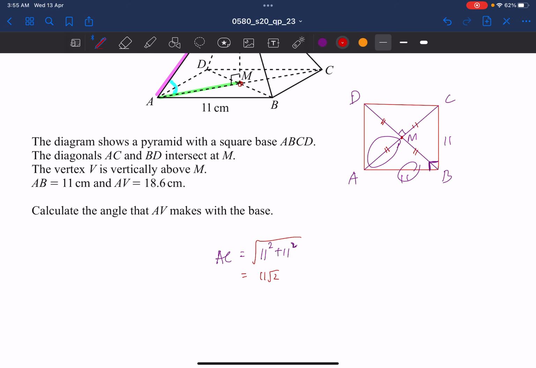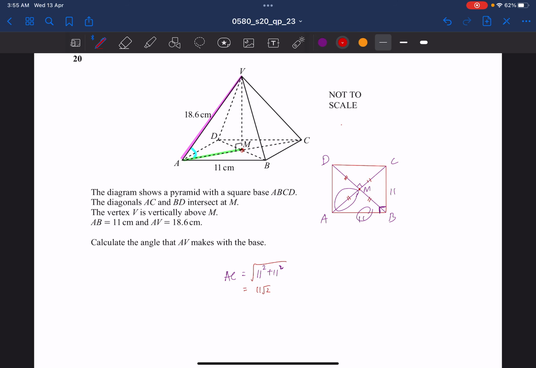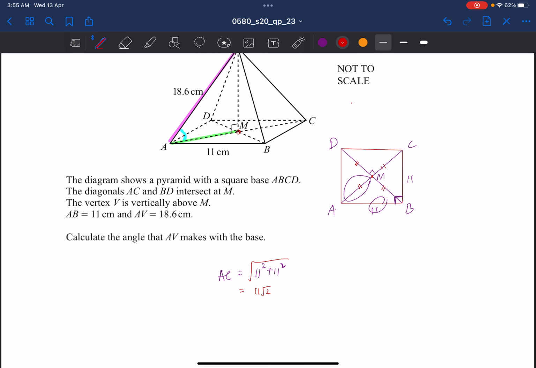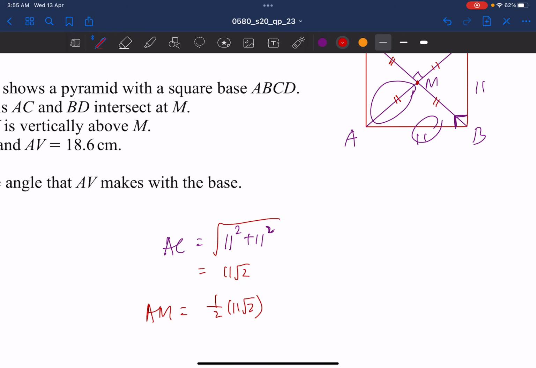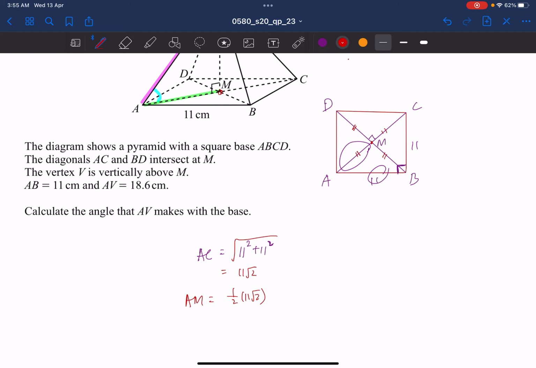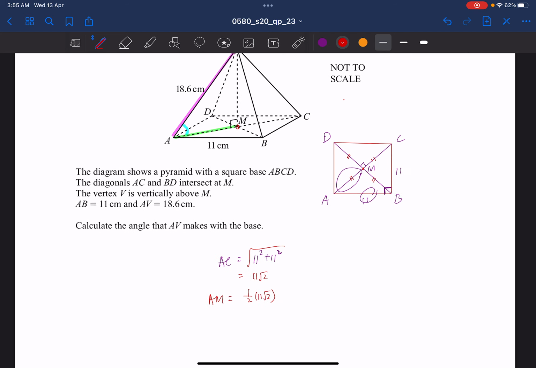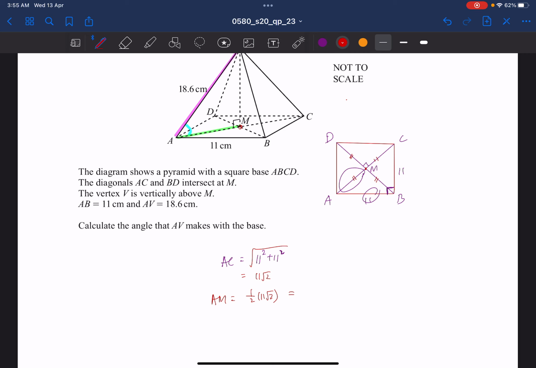So AM is half of AC, so it's half times 11 square root 2, which is 11 square root 2 over 2.